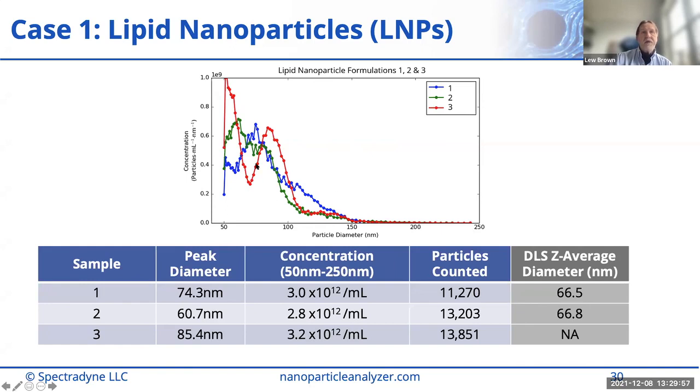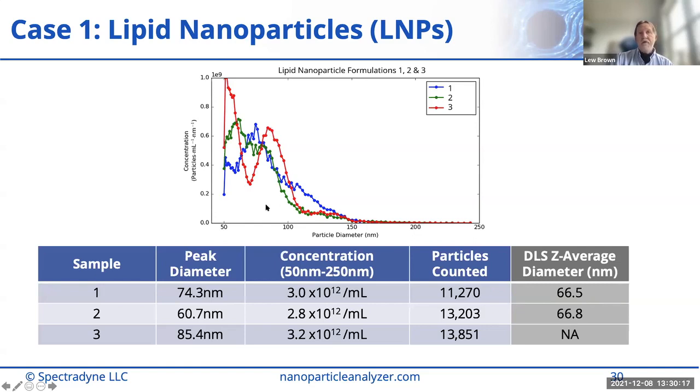So if I wanted to find out more about what the population under this peak is, I would integrate from this trough here up to the top here, and I'd get a different number because I would eliminate this rise in concentration that appears not to be part of this population.